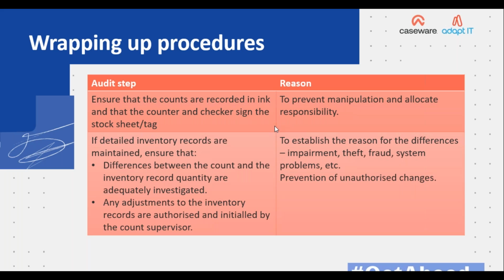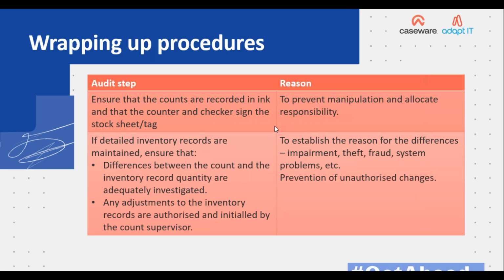If detailed inventory records are maintained, ensure that the differences between the counts and the inventory record quantity are adequately investigated, and any adjustment to the inventory records is authorized, very important, initialed by the account supervisor.